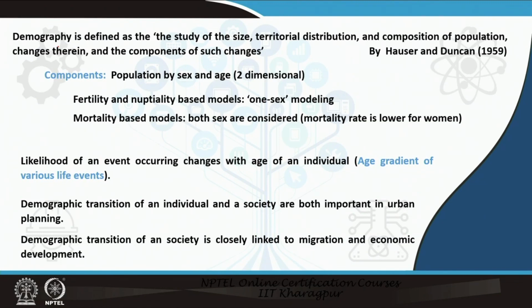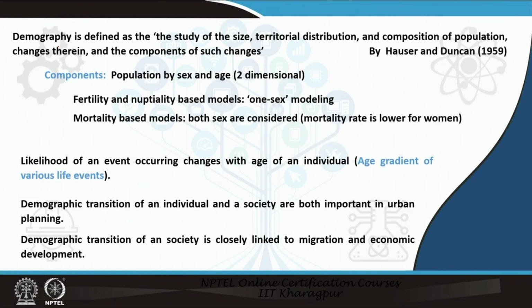Similarly, we can also look into mortality based models, where both the sexes are considered, and the mortality rate of women is lower than men, but both the rates are considered, and we determine after a particular time period what is the survival rate of a particular age group or an age and gender group, and then accordingly we can decide on the future population.